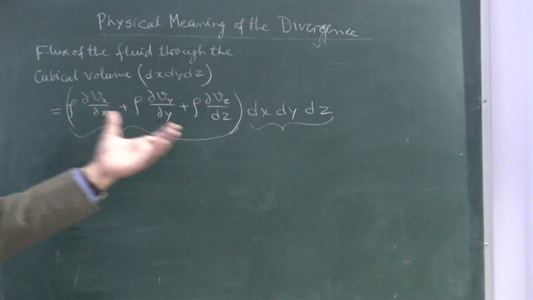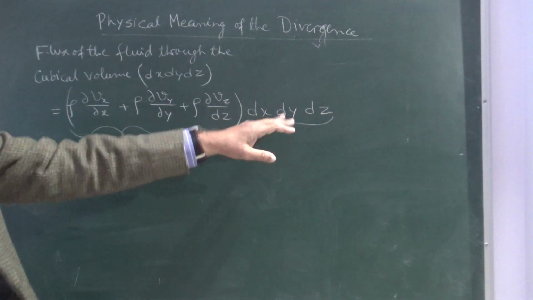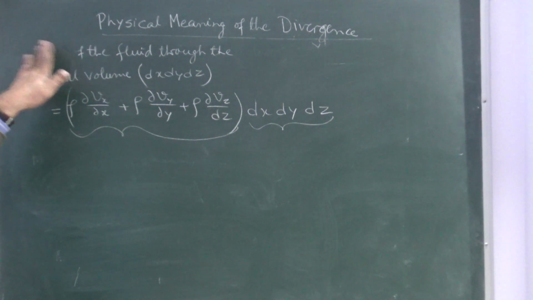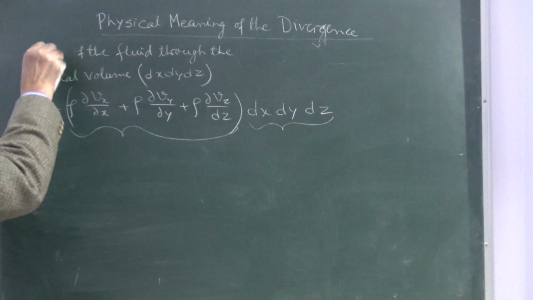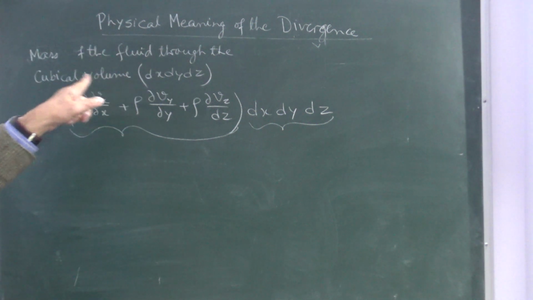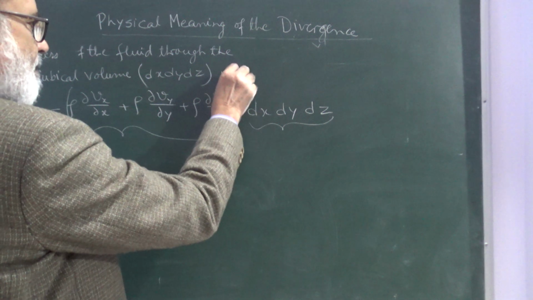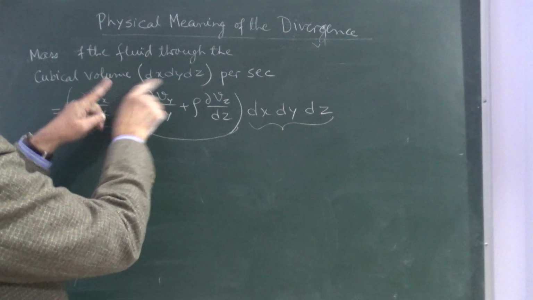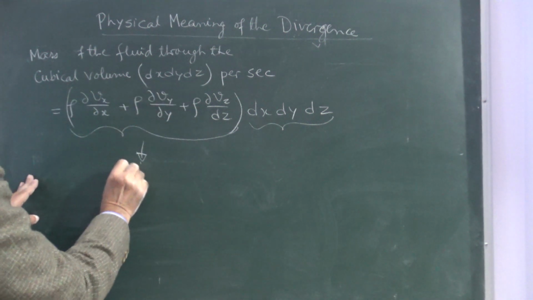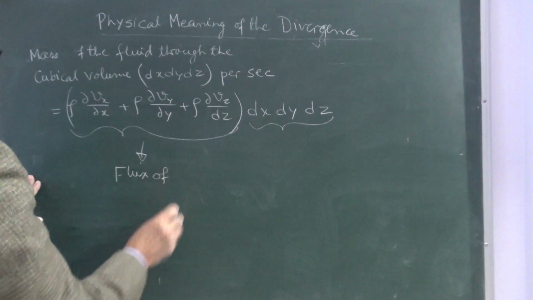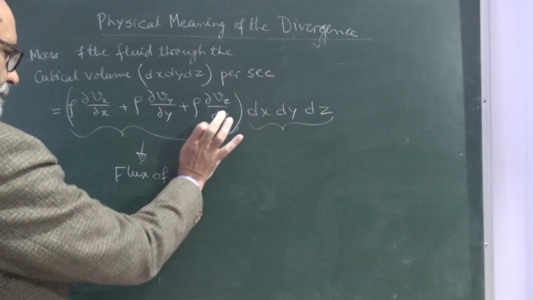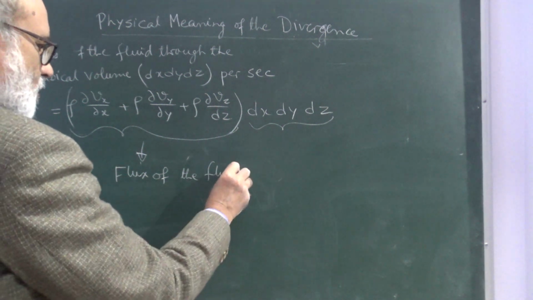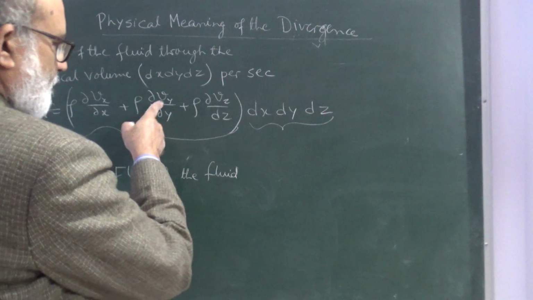Flux means the flow per unit volume. Suppose you can say this is not flux, it is the mass of the fluid through the cubical volume per second. So this portion is flux per unit volume per second. So it is the flux of the fluid, or you can say the flux of the velocity.